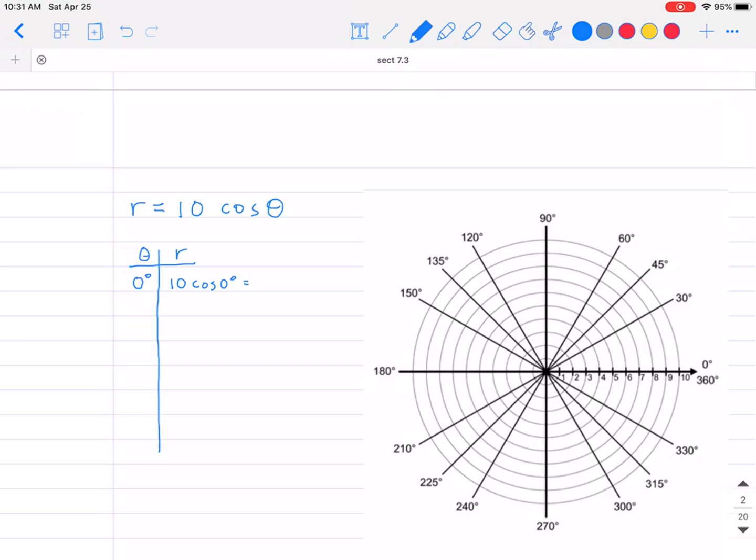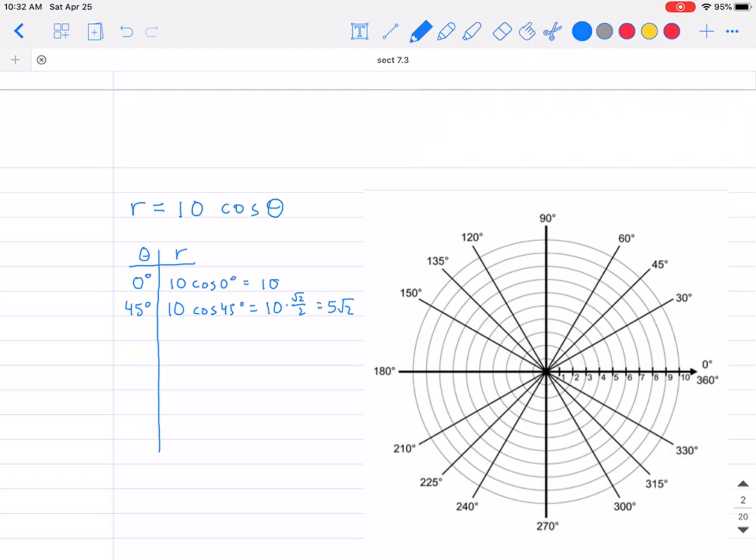With 0 degrees plugged in, we get 10 times the cosine of 0 degrees, so that is equal to 10. Now, if we try 45 degrees, we're going to get 10 multiplied by the cosine of 45, which gives us 10 multiplied by root 2 over 2.